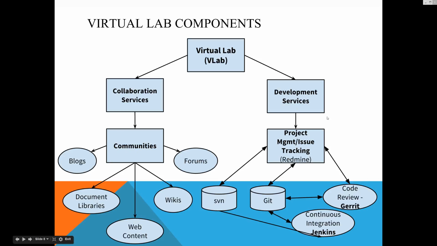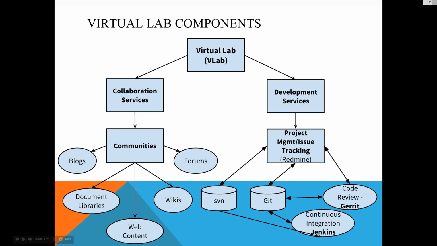On the development services side, it's not structured around communities, but more around projects. The central hub of development services is this project called Redmine. It's, again, open source. It's used for project management and issue tracking, and it has a very clear integration with revision control systems.